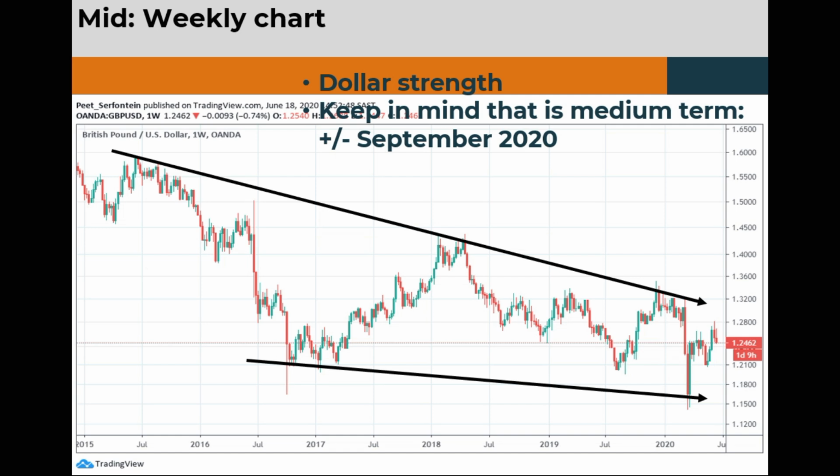Now keep in mind that my medium term is typically forecasted for 3-4 months forward, and that's taking me to September 2020. And then the question is always, what's my downside potential from this? And now it's coming back to my trend support running at 1.14. My trend resistance coming through the tops is 1.31.